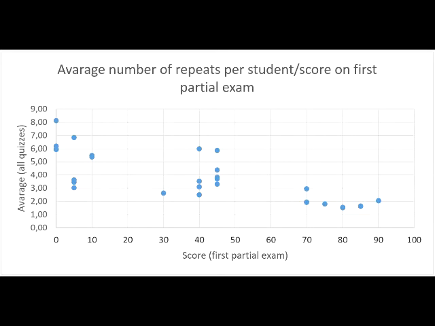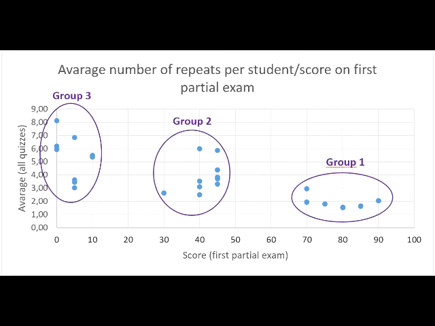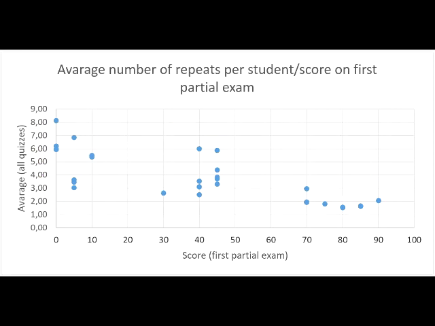In the last graph, we can see the average number of repeats of questions per student versus the score on the first partial exam. So on the left we have group 3, in the middle we have group 2, and on the right we have group 1. These are their averages per student for all the questions for all 6 quizzes.